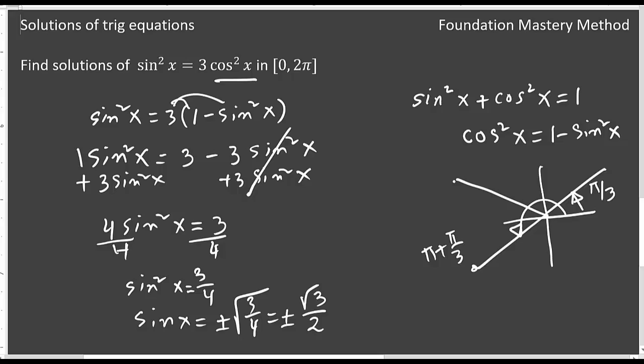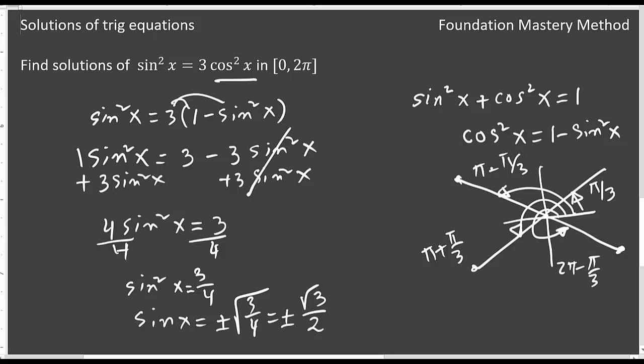We have another one here, positive, which will be pi minus pi over 3. And then if I extend this one to this side, I have another one where sine is negative. So this angle here will now be 2 pi minus pi by 3.